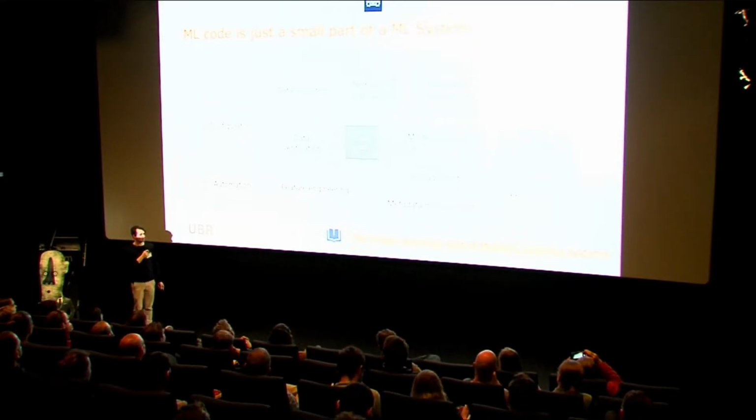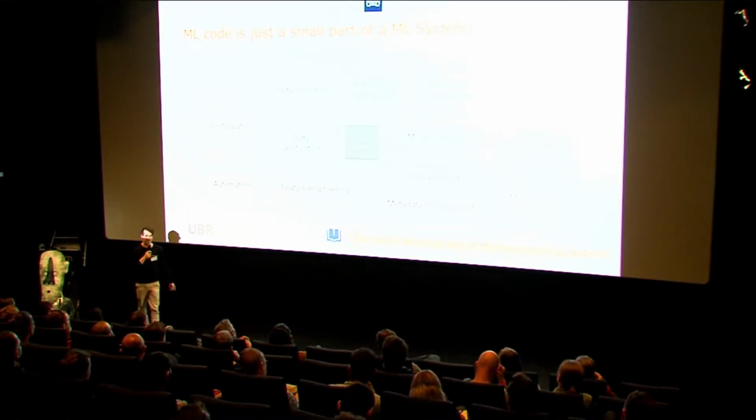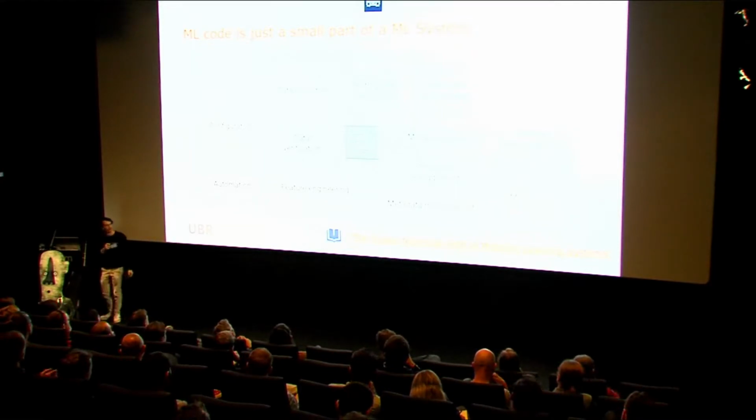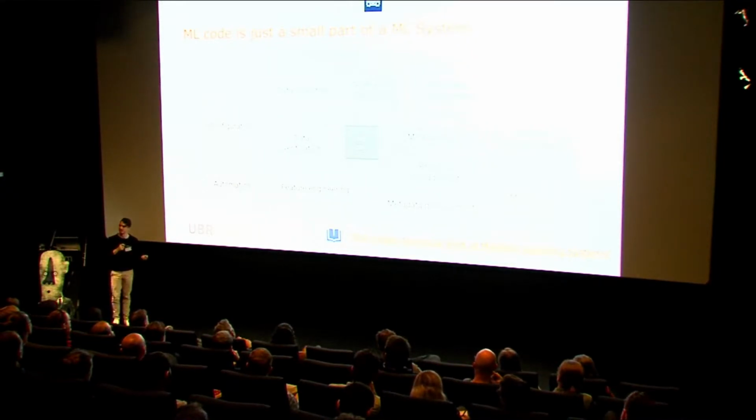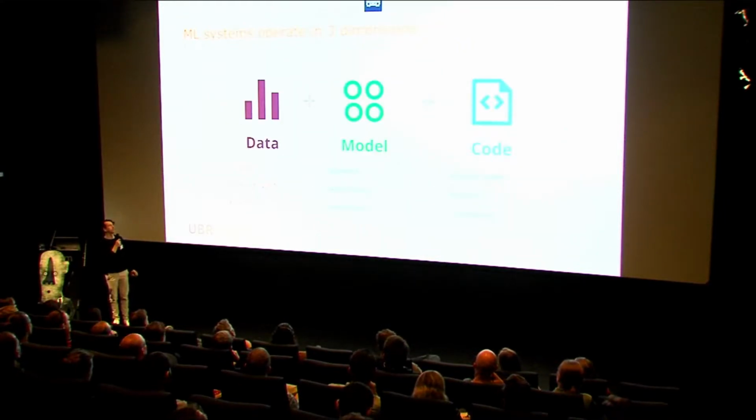And as well, monitoring: is the neural network we currently have in place in production still doing the thing we actually coded it for? That makes it all these different blocks, and machine learning systems are more software engineering than machine learning engineering, because it's just a small part of it.